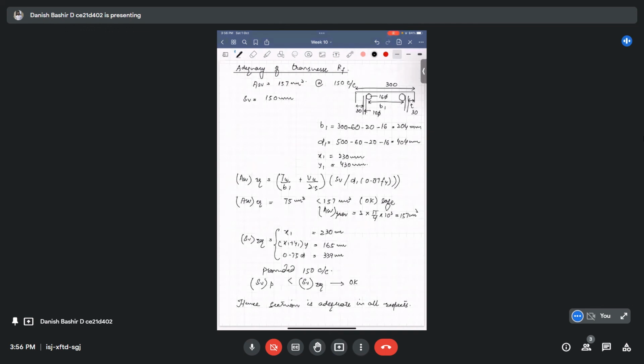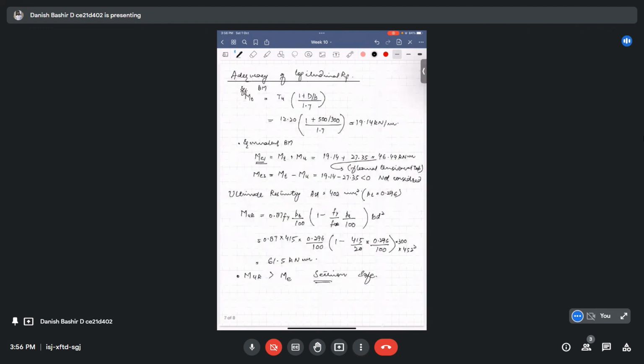And in transverse reinforcement we also check the adequacy for the minimum spacing as well. So we checked the adequacy of this section, and the section is safe in all respects, so the section is okay. So this was all for today.